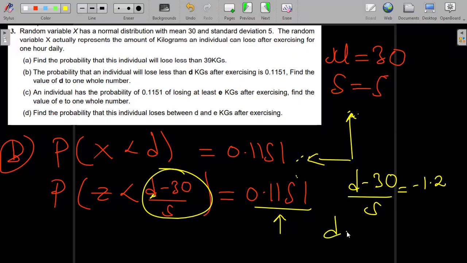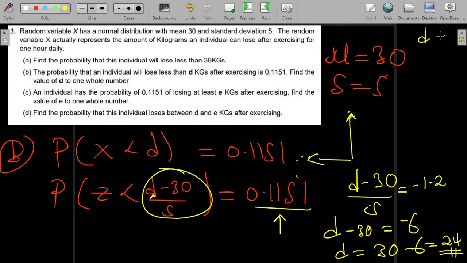So D minus 30 is equal to 5 multiplied by minus 1.2, which is minus 6. So D will be equal to 30 minus 6, which is 24. So my D will be 24.